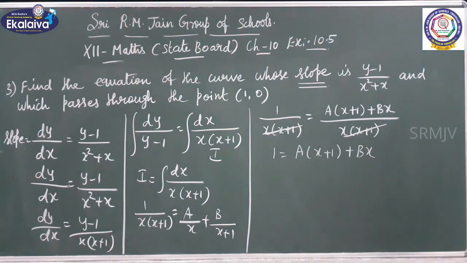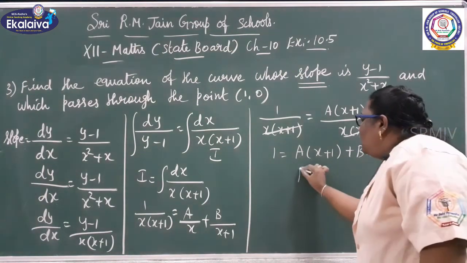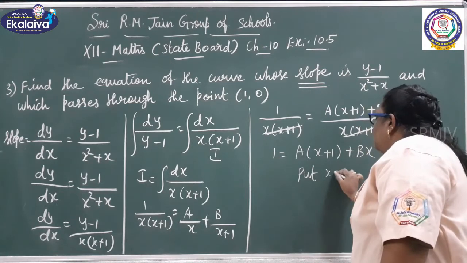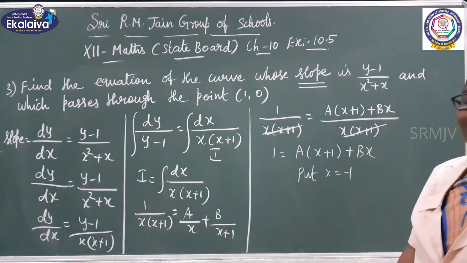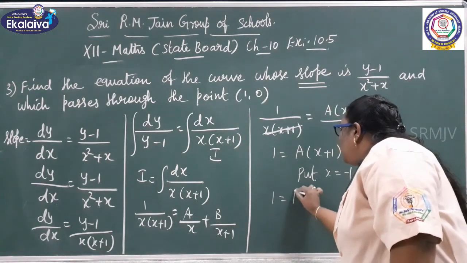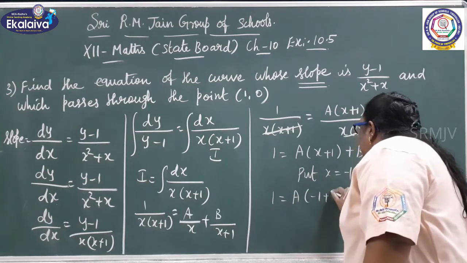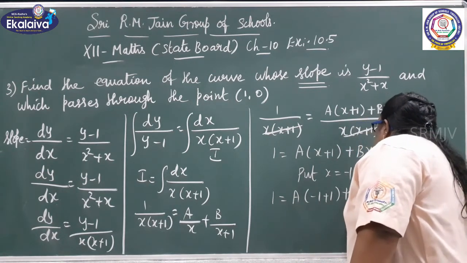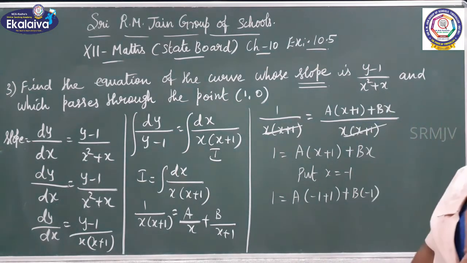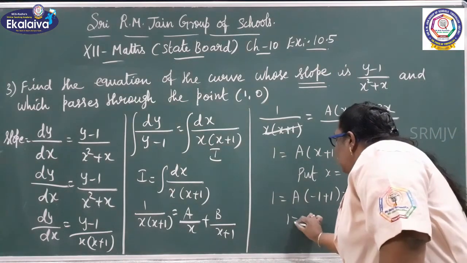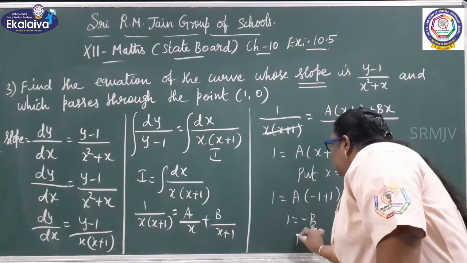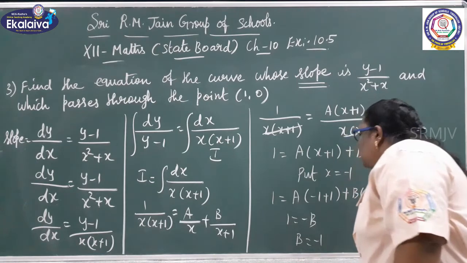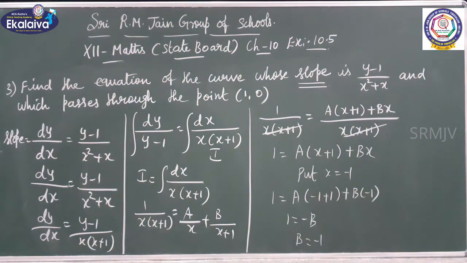So 1 equals a into (x plus 1) plus bx. Put x equal to minus 1. You get 1 equals a into (minus 1 plus 1) plus b into minus 1, so 1 equals minus b. What is the value of b? b equals minus 1.